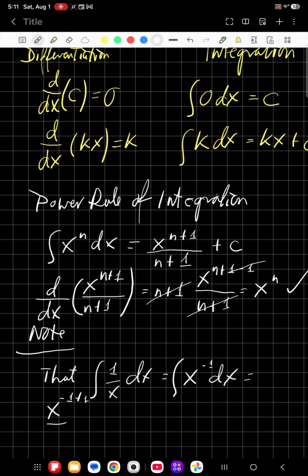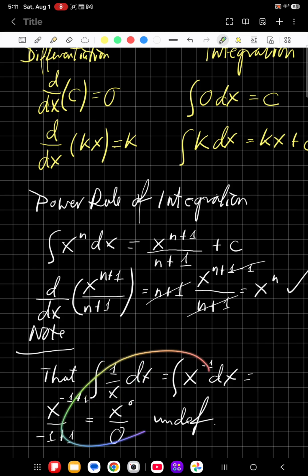That is -1 plus 1, so it's x to the 0 power over 0. We're dividing by 0, so it's undefined. So we can't use that rule for every problem. This integral actually does have a solution, it's just that we cannot use that particular rule.